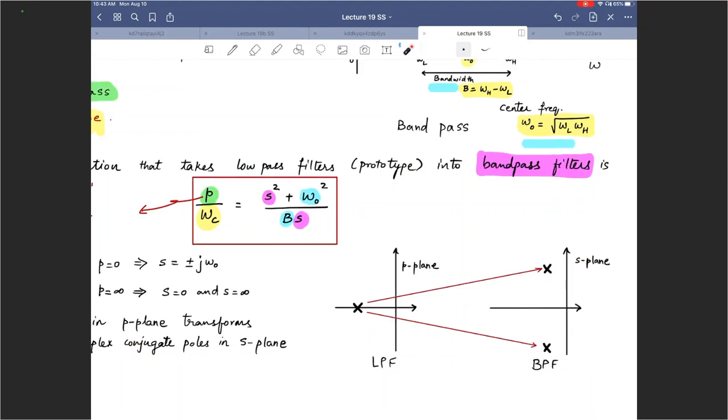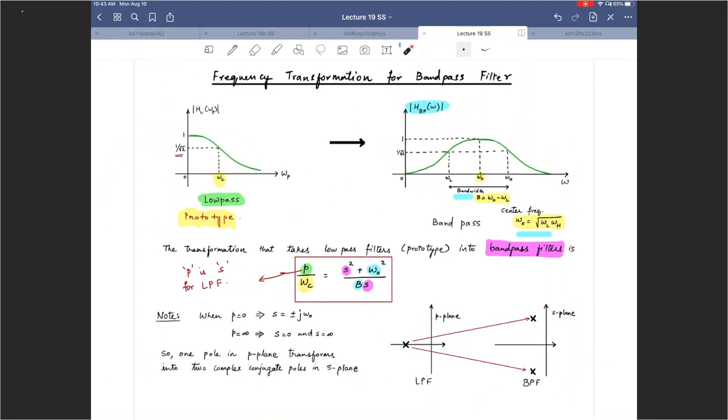One pole, one cross mark, will transform to two complex conjugate poles, as shown by this diagram, and that is essentially obtained by the transformation equation that is given in the red box. All right. So one pole going to two poles.